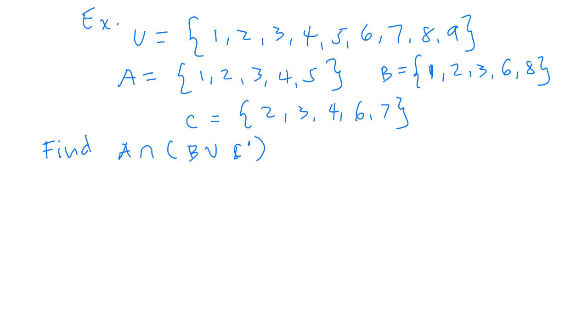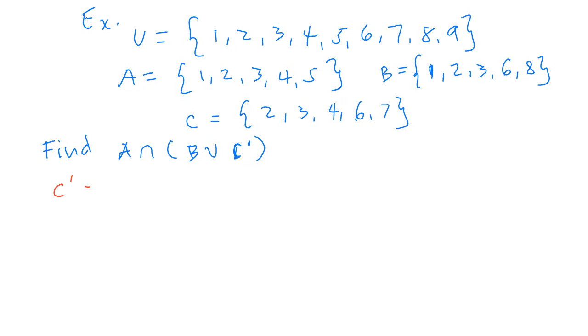So we have to look at first the grouping symbol. This is similar to PEMDAS. You work first the inner part of the expression. So we need to know first what is C naught. So let's write that out.